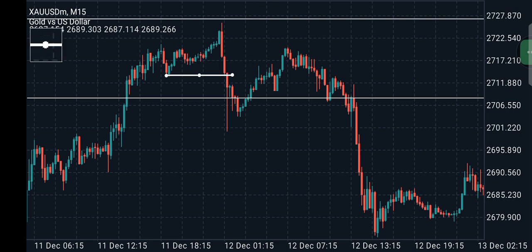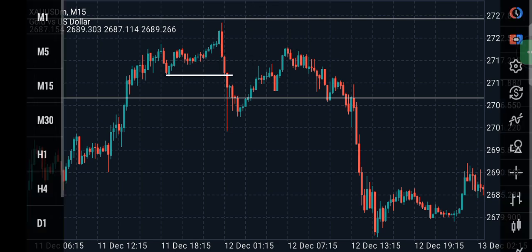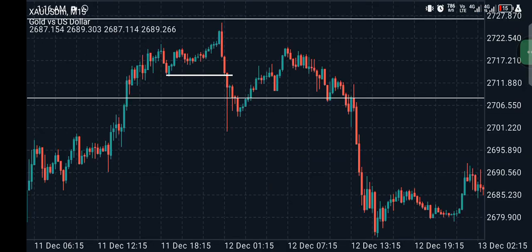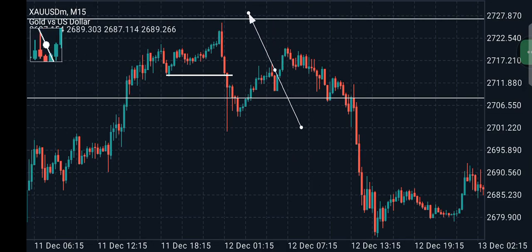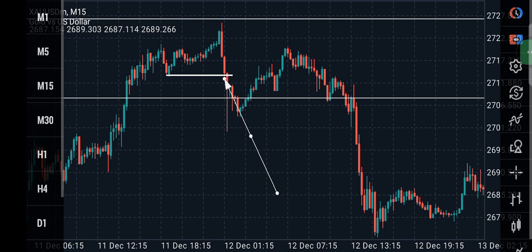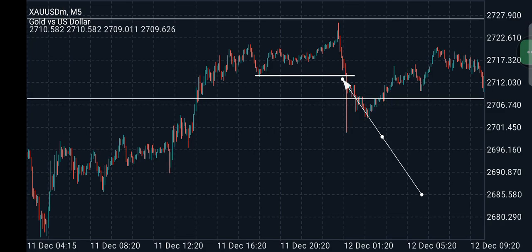Now we have the three major characteristics I mentioned earlier. We see price tapped into our higher time frame, and the second one is momentum. See the momentum, this whole candlestick traded below here, and you can see that we closed below here on the 15 minutes. Even if you check on the 5 minutes, you can see how perfect it looks here.